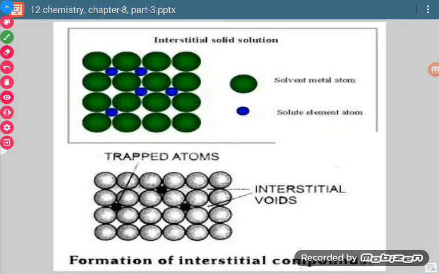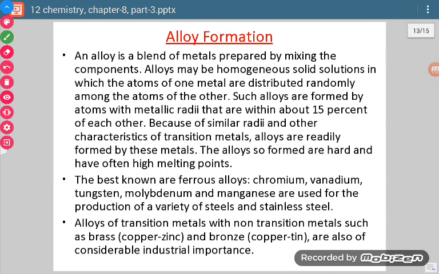Okay, now one more property is alloy formation. Now see, it is asked like this: why do transition metals form alloys? Now what is an alloy? An alloy is a blend of metals prepared by mixing the components.